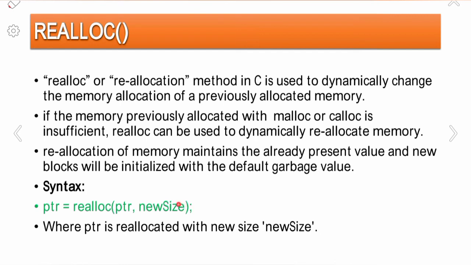So remember, the new memory block may or may not begin at the same place as the old one. The new size that we are allocating may not be available at the place of the old one.